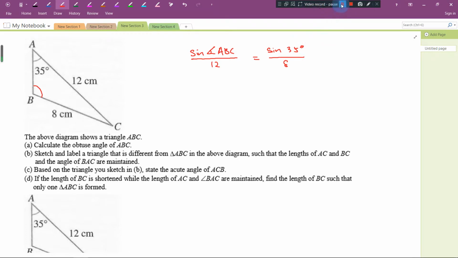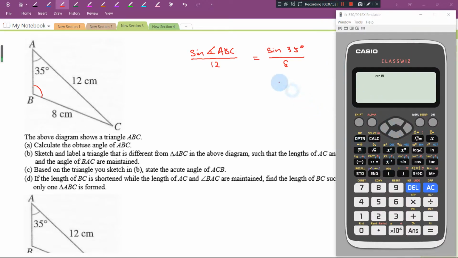Let me show you. To get the answer straight away, press sine 35, you don't have to press the degree sign because the calculator is set in degrees. Over 8, then times 12, because I moved the 12 over here. Then shift sine, answer.